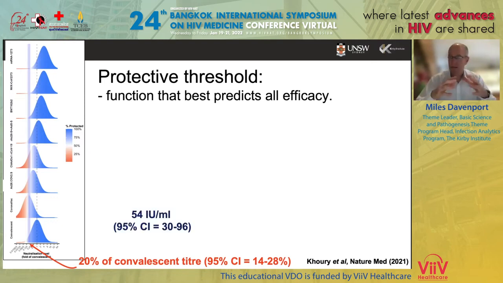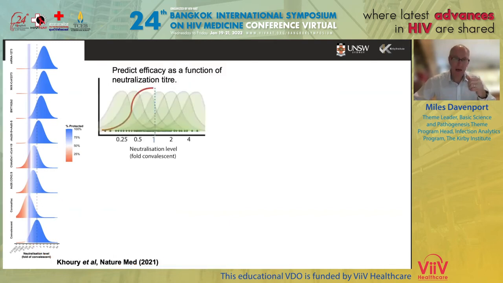And we think that's equivalent to about 54 international units per mil in our assays. So now you know the relationship between protection and antibody level. So now we can say for any given mean neutralization titer in a vaccine trial and its distribution, we can predict what the efficacy would be.